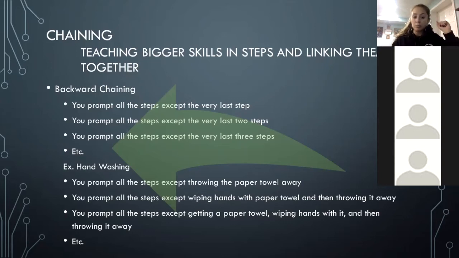You then will prompt all of the steps except wiping your hands with the paper towel and then throwing it away. So the client will then wipe his hands with the paper towel and throw it away by himself, okay? Then you will prompt all of the steps except getting a paper towel, wiping his hands, throwing it away, etc. Cool? So in backward chaining, we work backwards. Super straightforward.